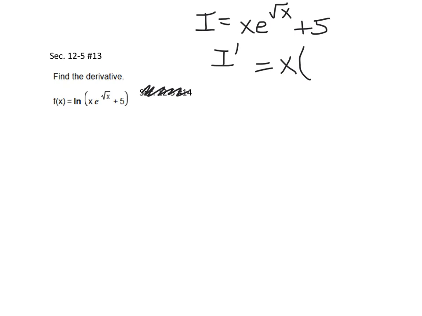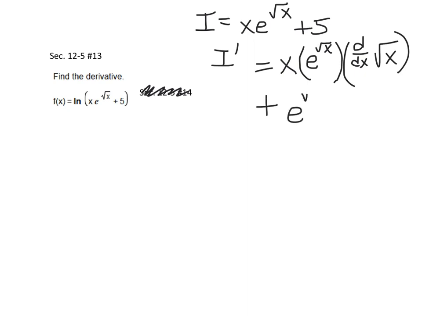And the derivative of e to the square root of x is e to the square root of x times the derivative of the square root of x, plus e to the square root of x times the derivative of x.